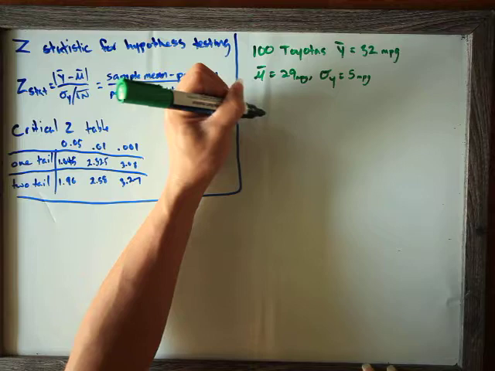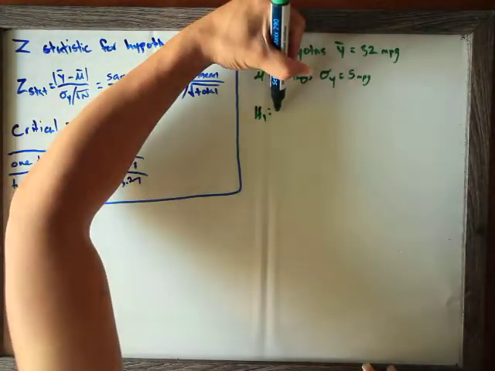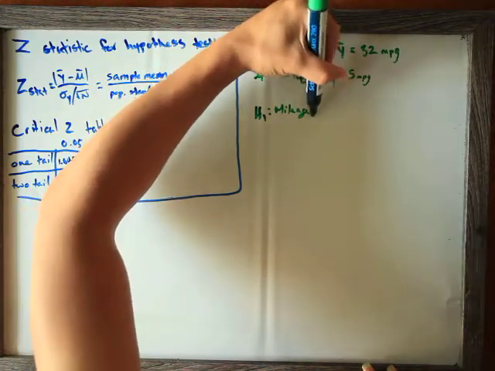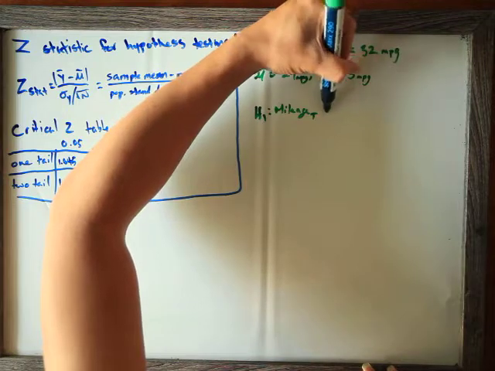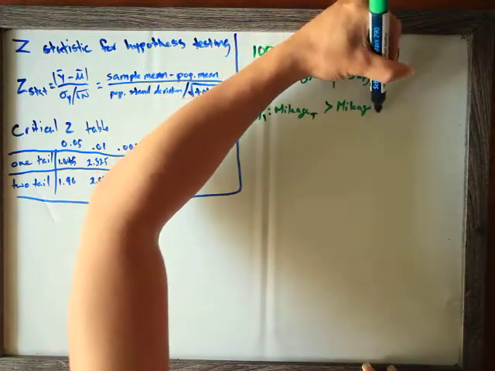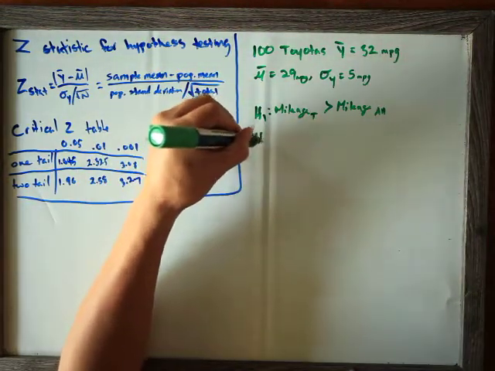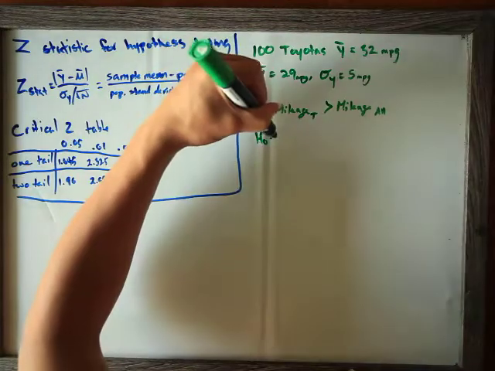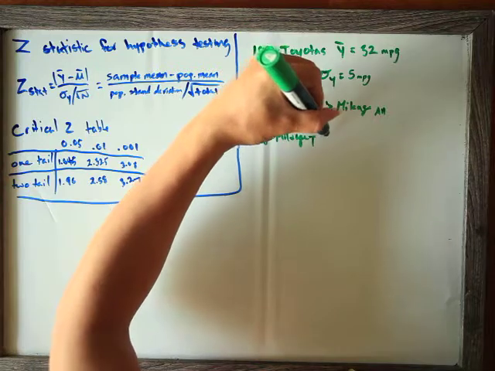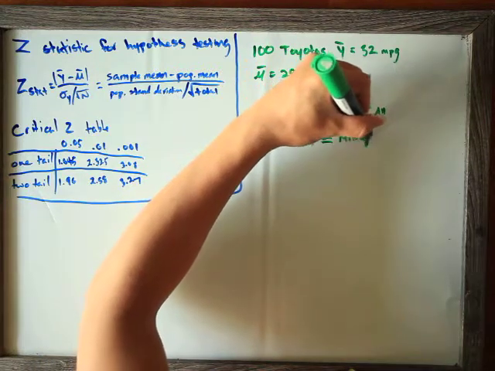So our research hypothesis is that the gas mileage of Toyotas is greater than the gas mileage of all cars. Then our null hypothesis is the opposite: that the mileage of Toyotas is less than or equal to the mileage of all cars.